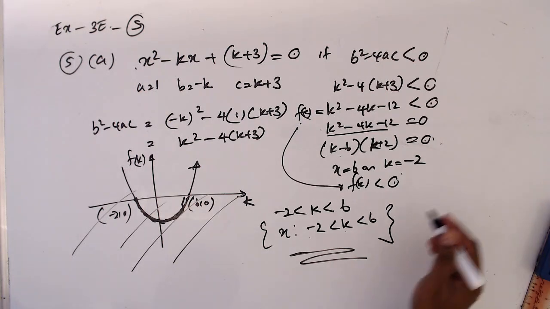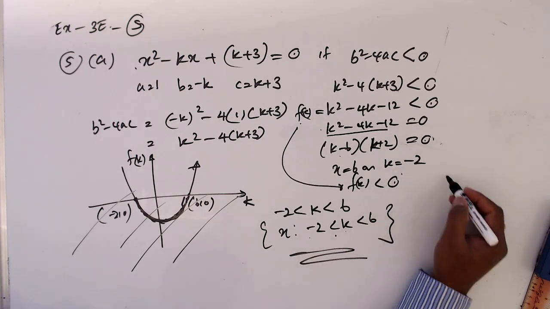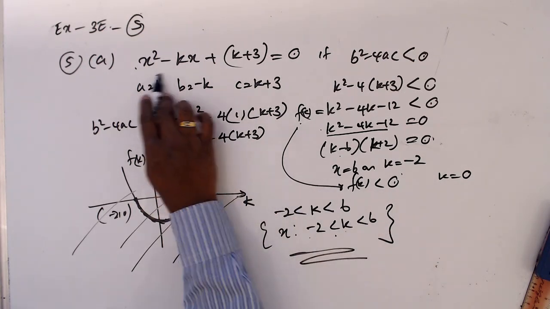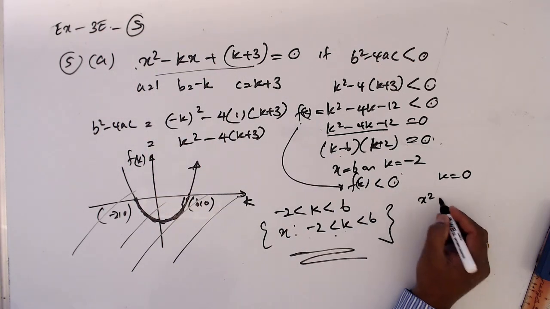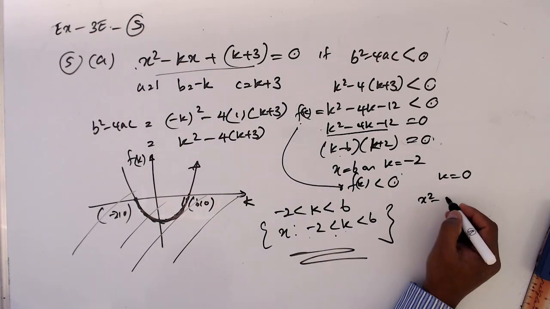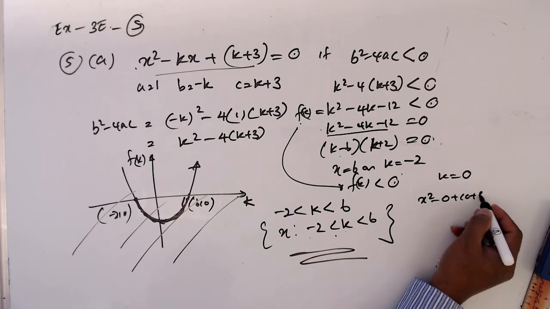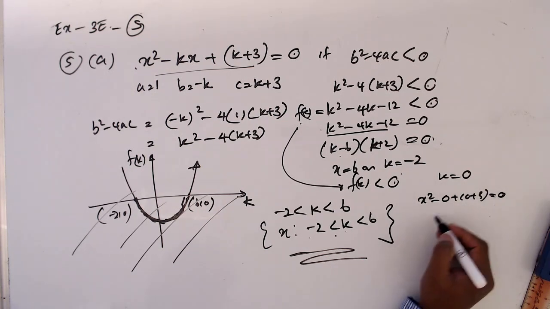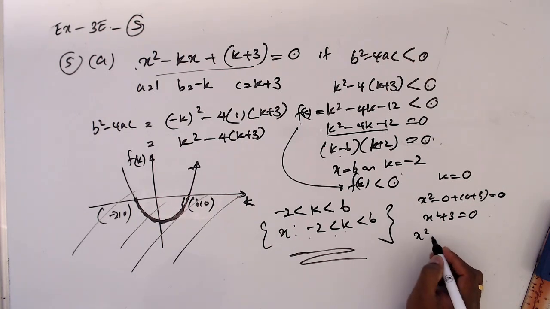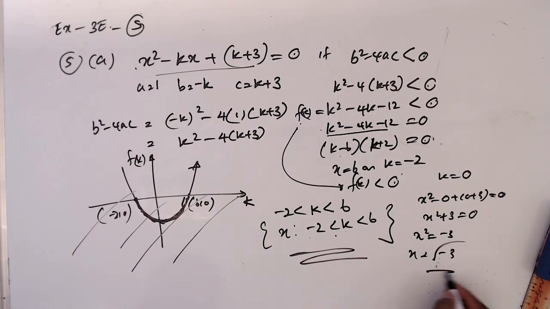For example, assume you pick up k equals 0, then substitute here: x square minus 0 times x plus 0 plus 3 equals 0. x square plus 3 equals 0. x square equal minus 3. x equal square root of a negative. You can't find it.